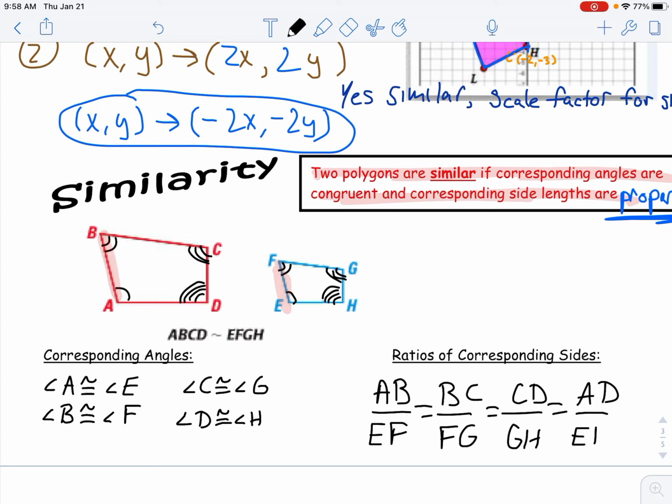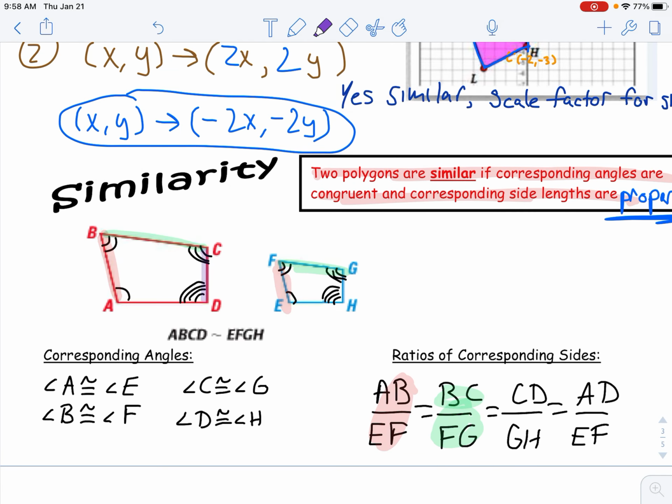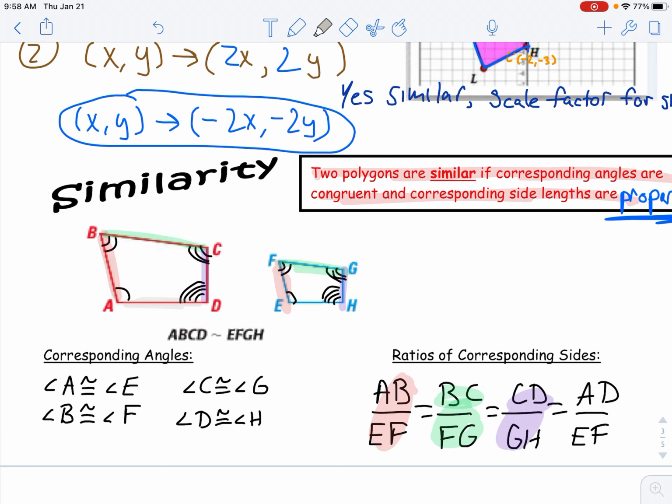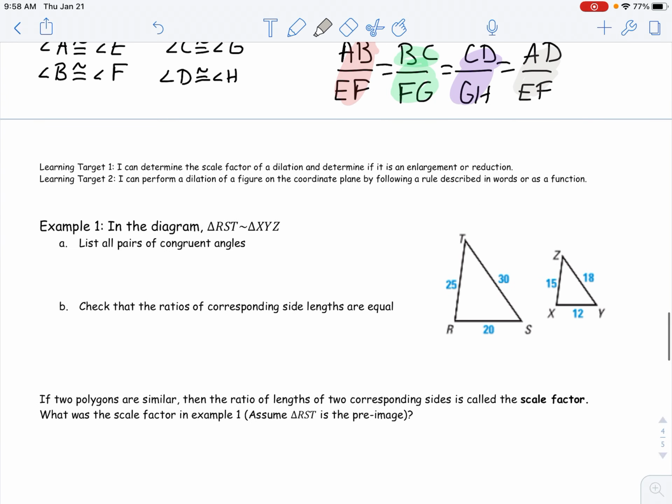But if I just take the random side lengths, matching up corresponding side lengths like AB divided by EF, BC divided by FG, all these numbers would be the same with actual side lengths. And what does that mean? I'm going to elaborate down here in this one.